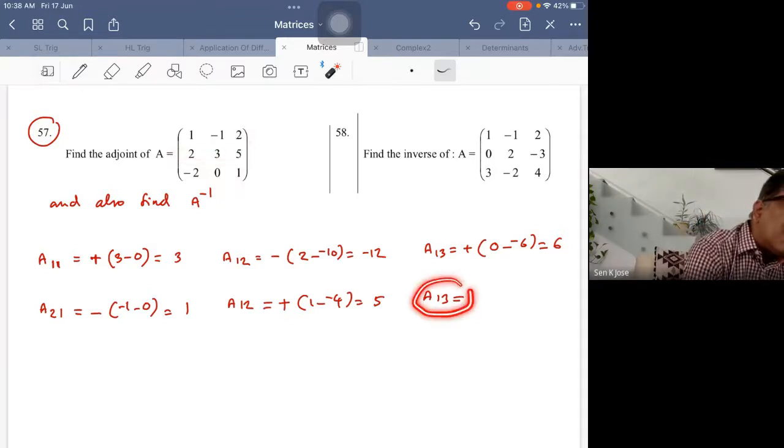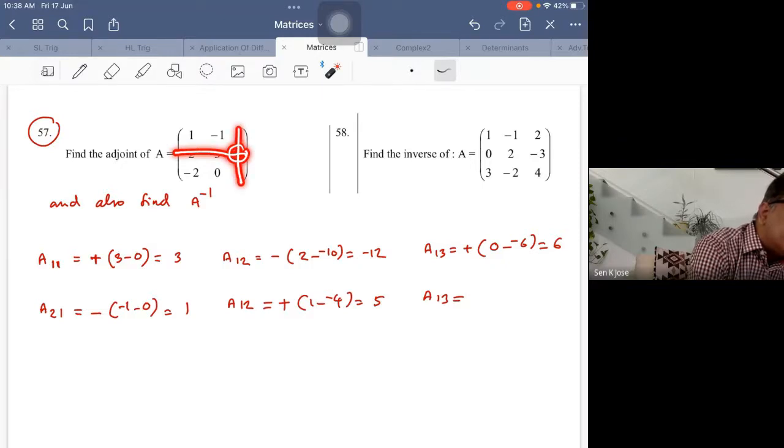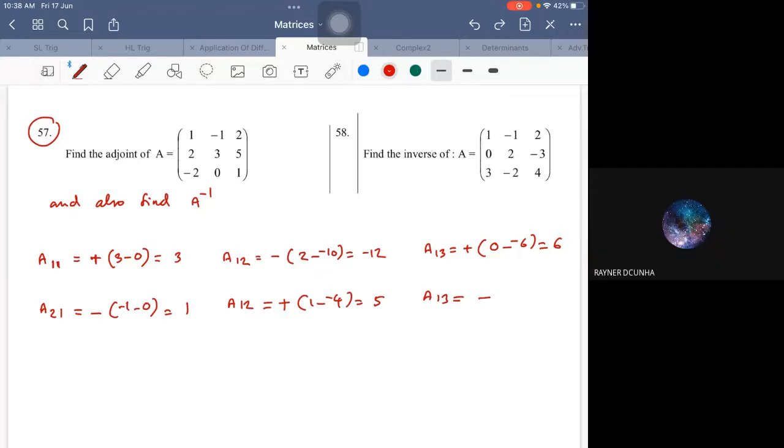I'm finding the cofactor of A13. The cofactor of A13 means cofactor corresponding to 5, which is plus of, plus, because the position there is plus now. Now we don't pick up the element, we only write the minor. The minor of 5 is 1 into 0 is 0 minus 2. Then it's plus of, it's plus or minus, I'm sorry. What is it supposed to be? It's a minus.